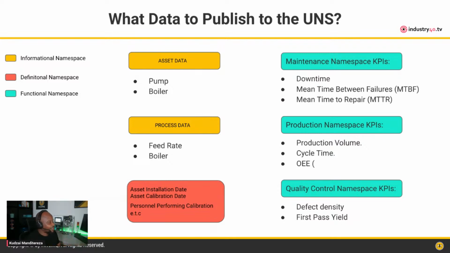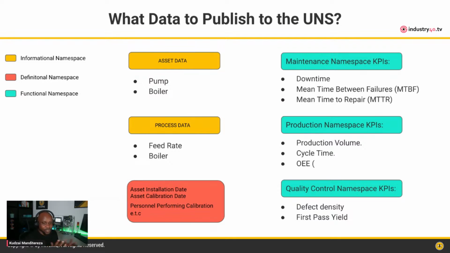And then there is the functional namespace. So basically, functional namespace is these basic day-to-day functions or industry-wide standard functions that are performed in different manufacturing facilities, right? These functions normally are based on KPIs.